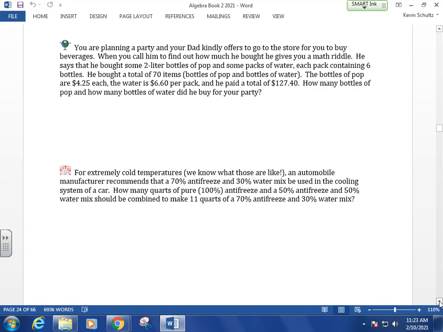He bought a total of 70 items, which represents the individual bottles of pop and the individual bottles of water. So 70 individual bottles total. The bottles of pop are $4.25 each, and the water is $6.60 per pack, and you paid a total of $127.40. And you're only going to get this stuff if you can tell me how many bottles of pop and how many bottles of water he bought for the party. You can't answer this, and I keep everything.